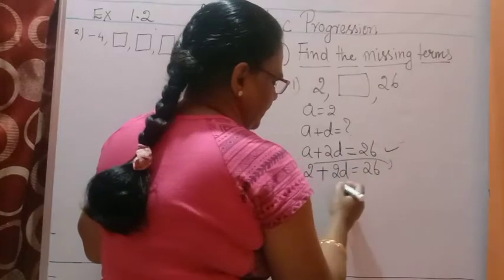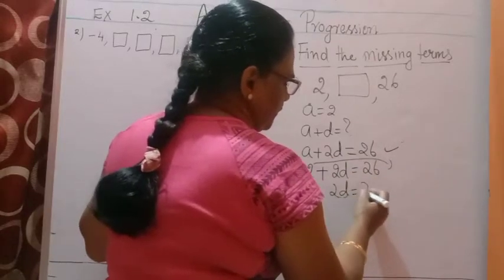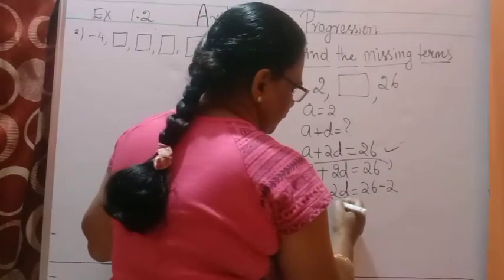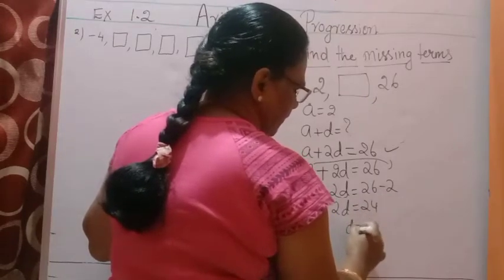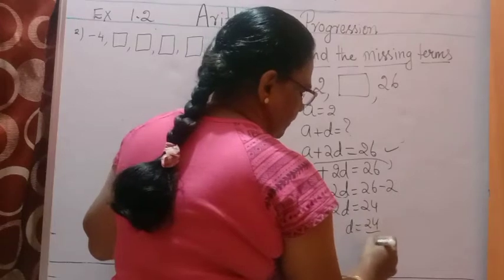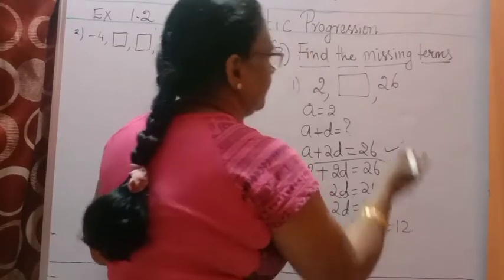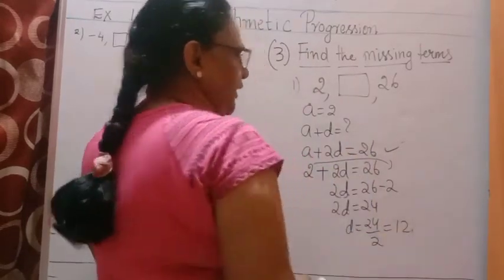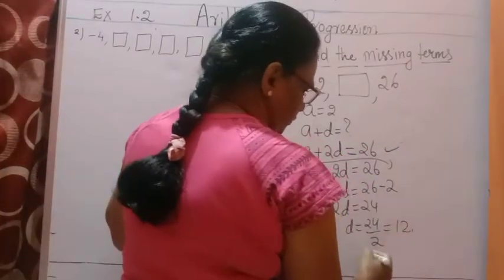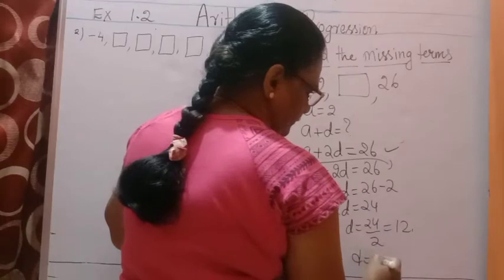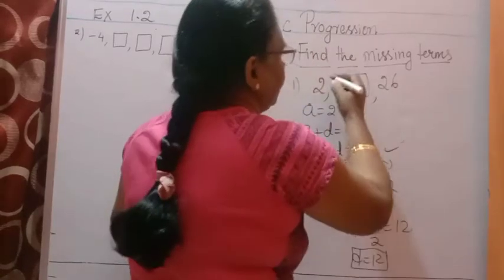Shift to this side. 2D is equal to 26 minus 2. 2D is equal to 24. D is equal to 24 by 2, that is equal to 12. So D you got it. Once you get D, D is equal to 12. How do you get the second term?